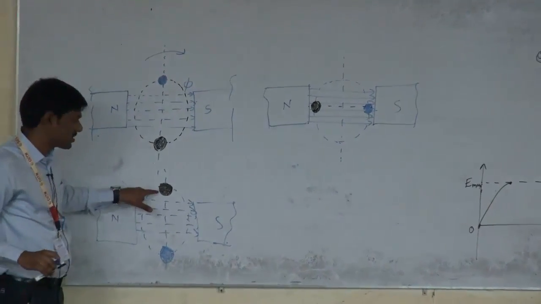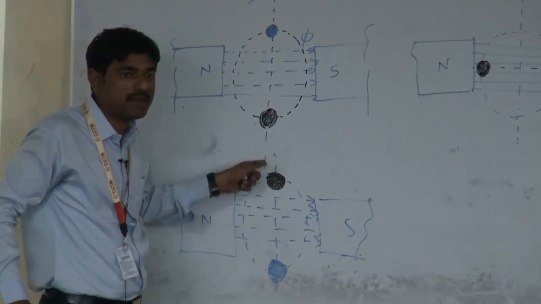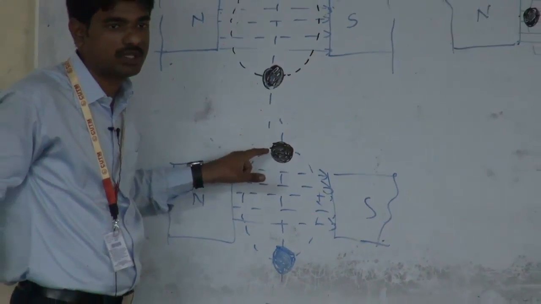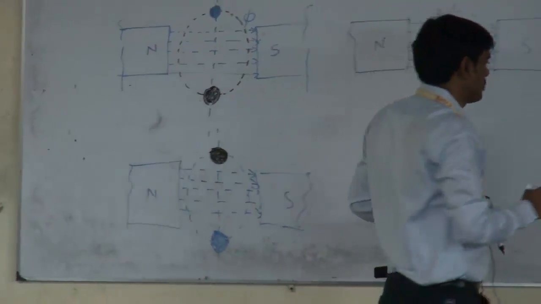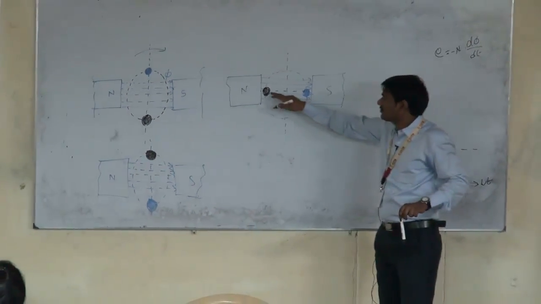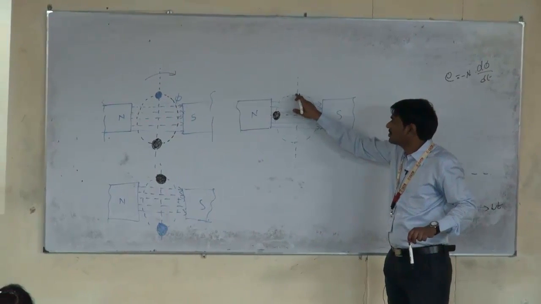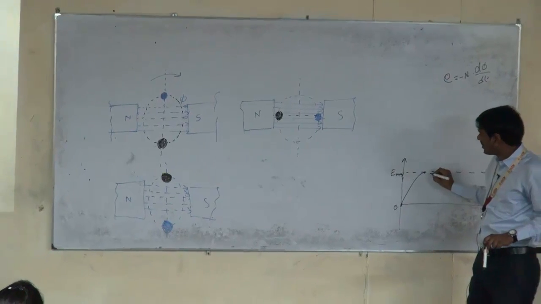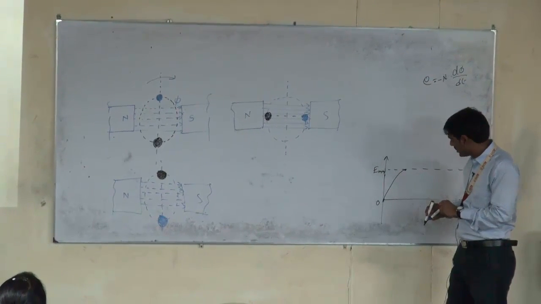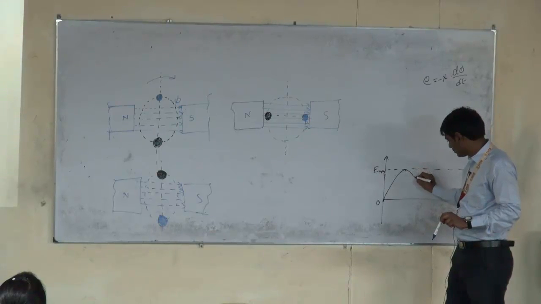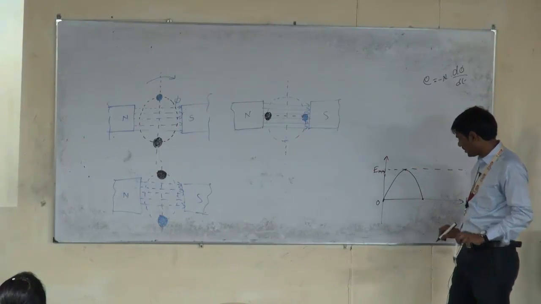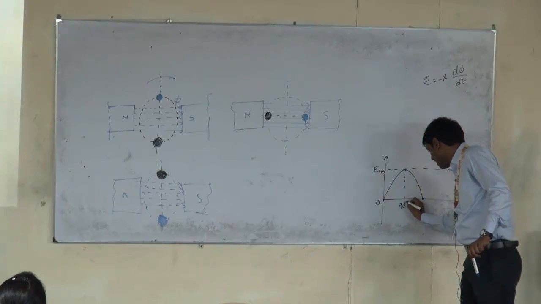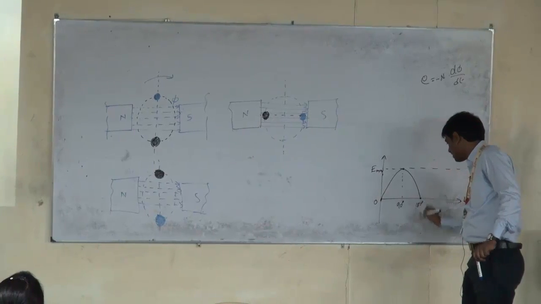So at this position, when the coil is parallel to the flux, the effect of flux on this conductor is 0. Okay. So the amount of induced EMF is 0. Okay. So as the conductor moves from this position to this position, as the effect of flux on the conductor decreases, the amount of induced EMF also decreases gradually, and it comes to 0. Okay. So this is 0, and this is 90 degrees, and this is at 180 degrees. Okay.